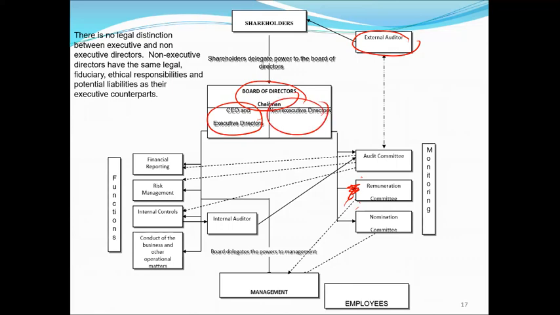Executive directors look after functional areas like financial reporting and risk management, internal controls, and conduct of business and other operation matters. These functions will be monitored by the internal auditors. Non-executive directors are in the audit committees, remuneration committees, and nomination committees, and they are also monitored.